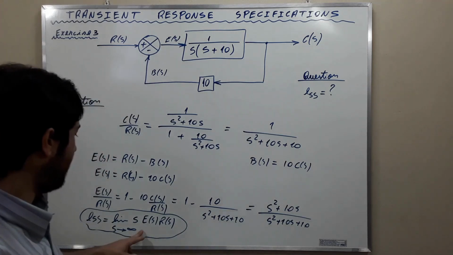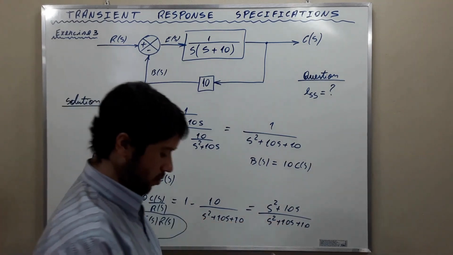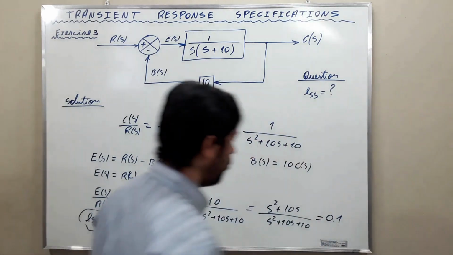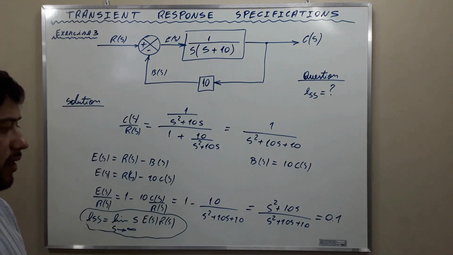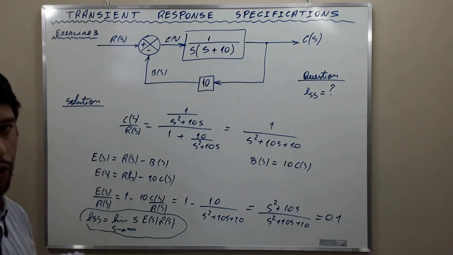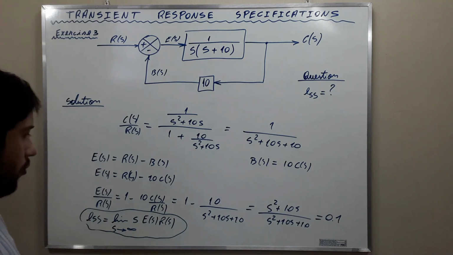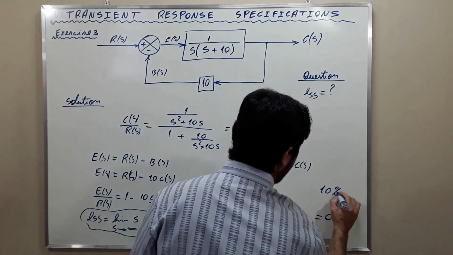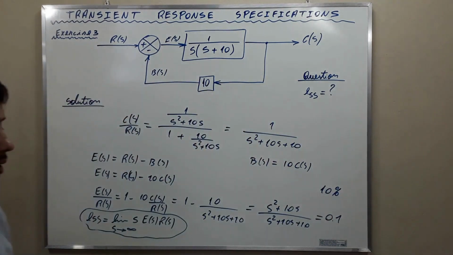If we apply this here, we find a value of 0.1. Okay? The steady state error is 0.1, or if you prefer, 10%. We are having here 10% of error. Okay?